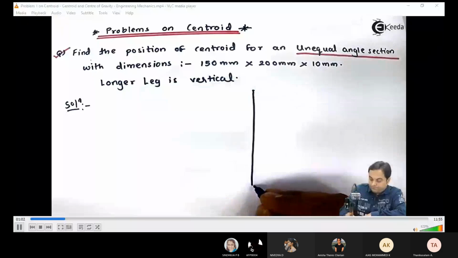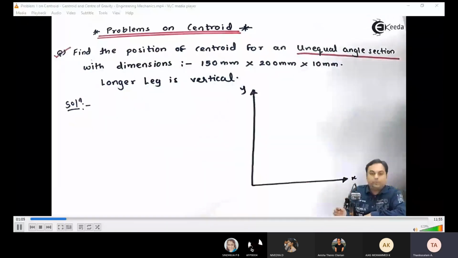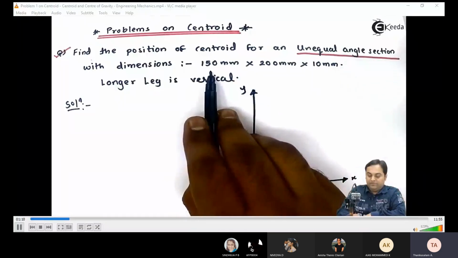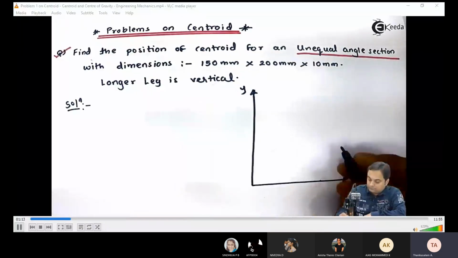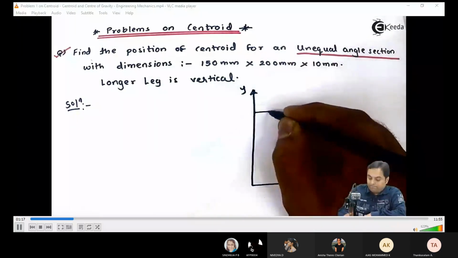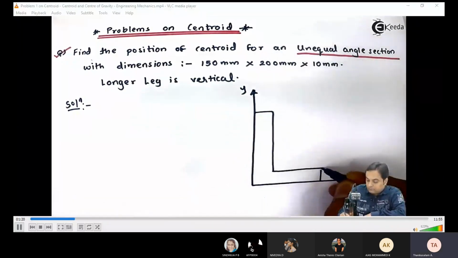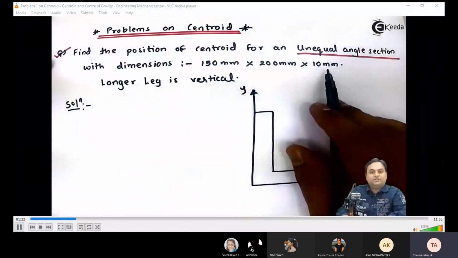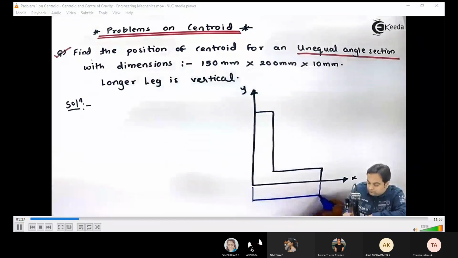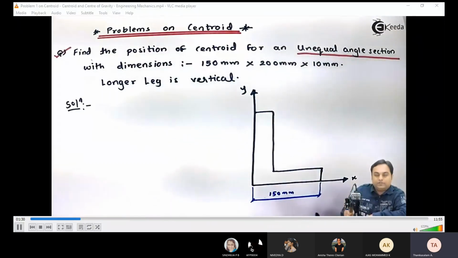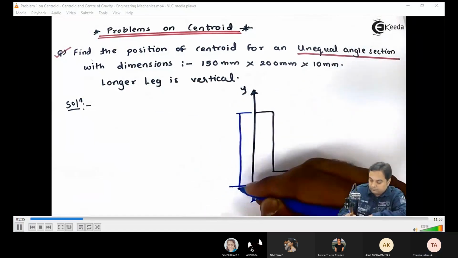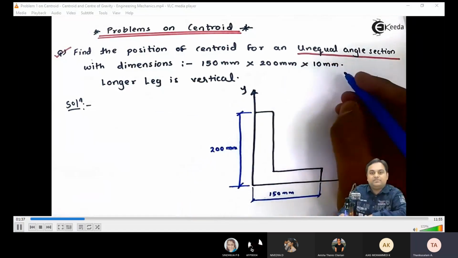Dimensions are 150 into 200 into 10. 150 is the width, 200 is the height, and 10 mm is the thickness of this unequal angle section.